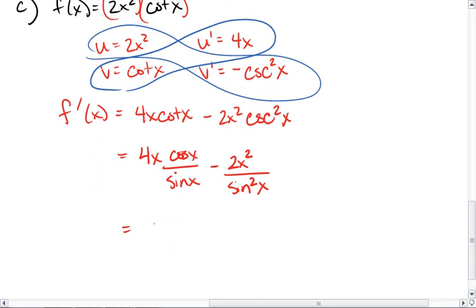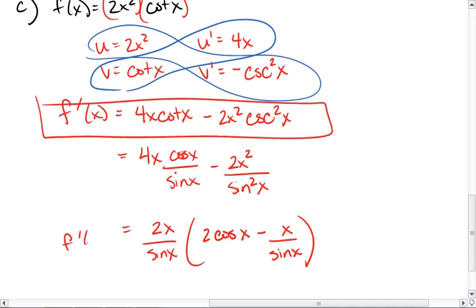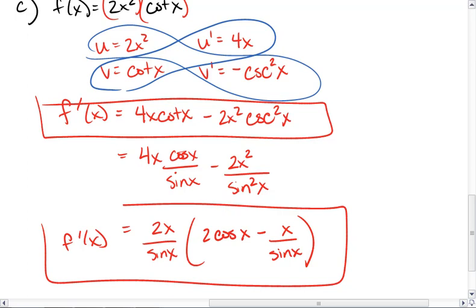So we can factor out a 2x over sine x, which leaves behind 2 cosine x minus x over sine of x. Both are possible valid solutions for f prime of x.